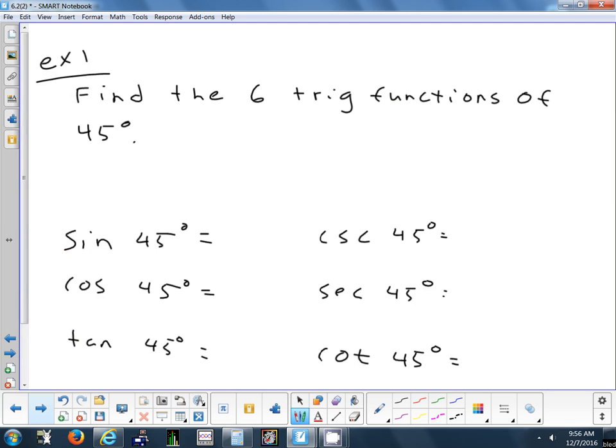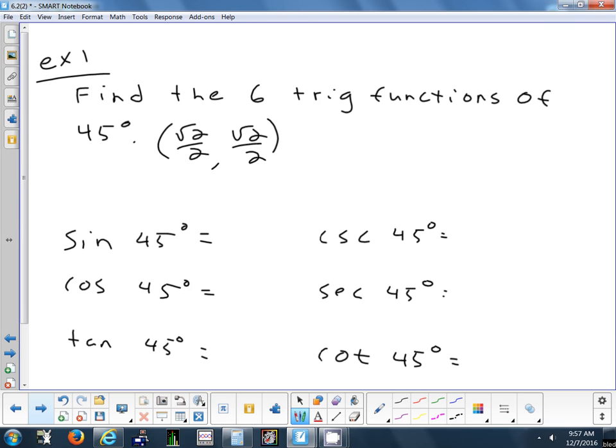So if you want the trig functions of 45 degrees, what's the first thing you need to know? Meg? Yeah, you're going to have the coordinate. So the best thing to do is just memorize that coordinate. What's the coordinate for 45 degrees? Yeah, Kyle? Square root of 2 over 2, comma square root of 2 over 2. Good.